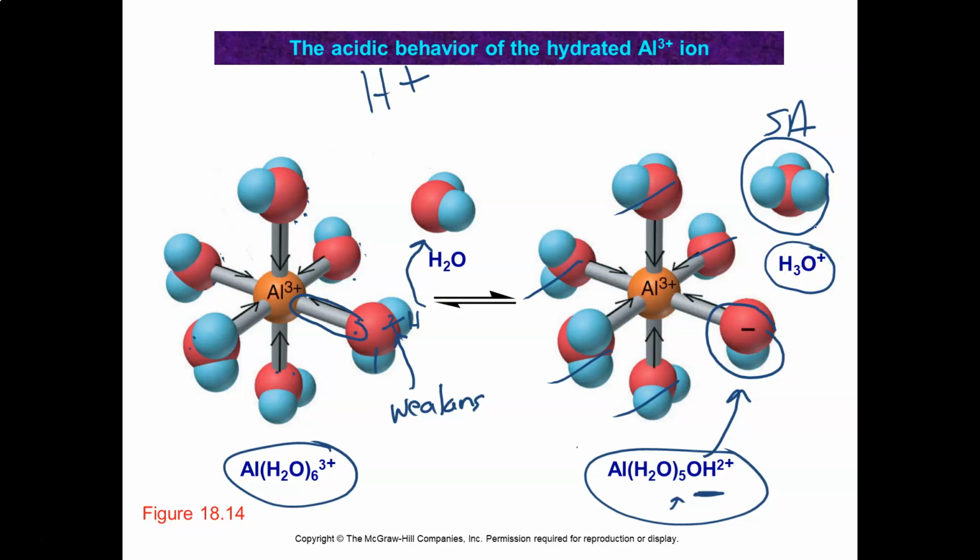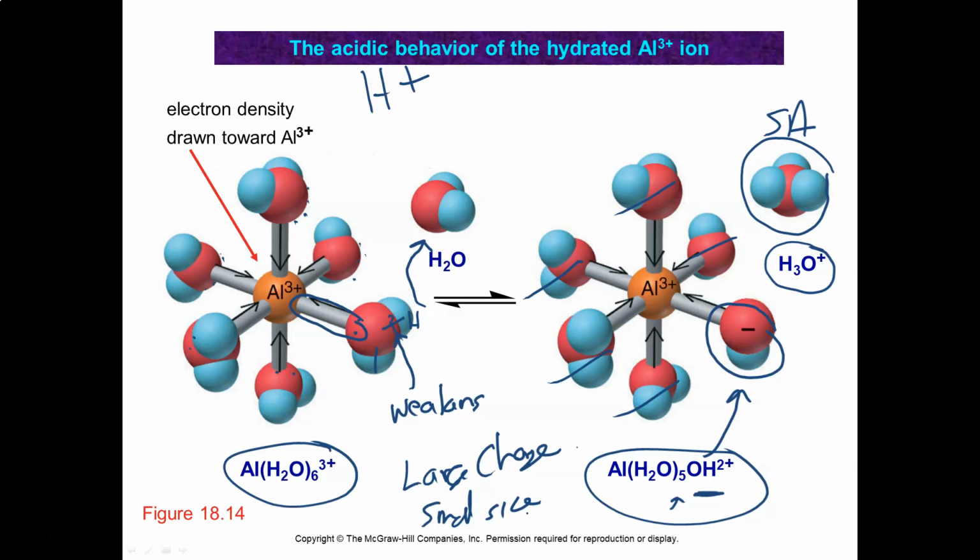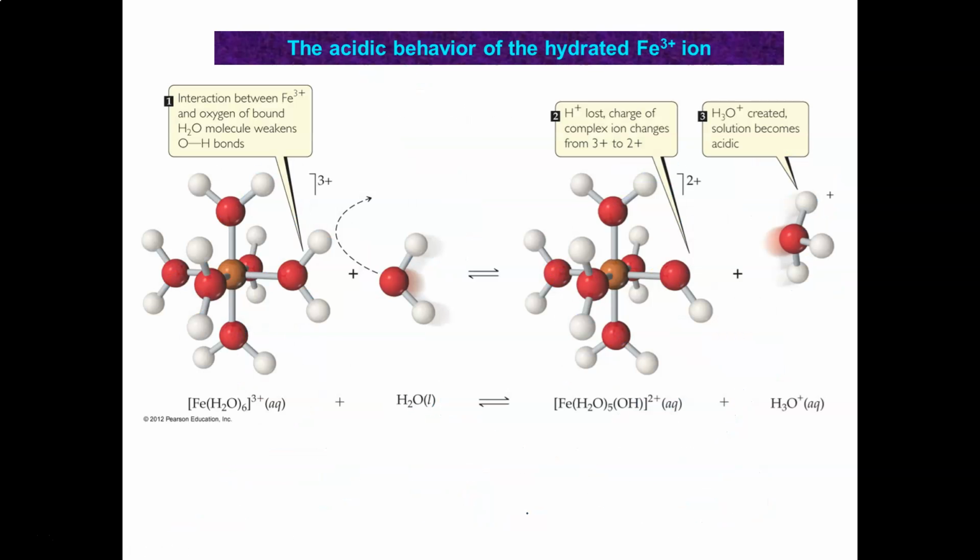All right, so this is going to work for ions with a large charge. Okay, so the bigger the charge, the better it's going to be here, and generally a small size. All right, and that trend is coming up on your note sheet. All right, so I have the extra additions here. Electron density is drawn towards aluminum. It helps break that OH bond to create H3O.